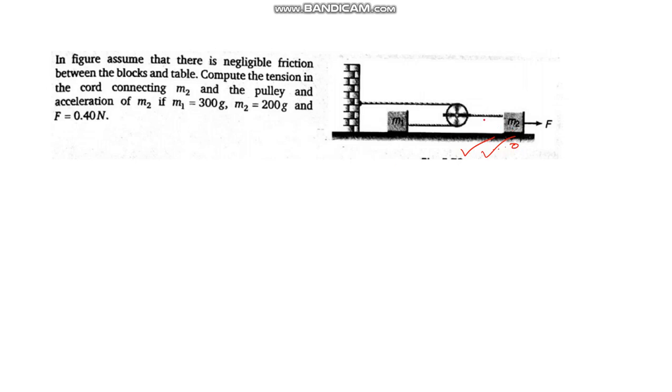So if you see this diagram, here there is a cord, and this cord is divided into two. This is strung to a wall. So let us say if there is a tension T in this cord, it will be T in this cord also, because basically they are the same cord.